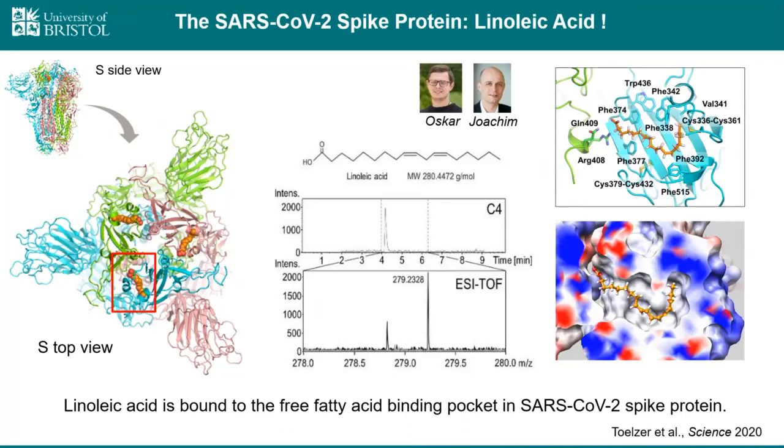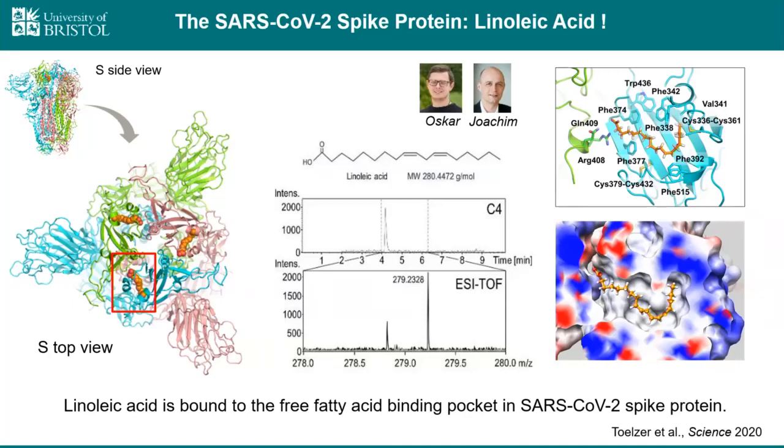So there are many reasons why LA is a really bad choice. And I think what we found here is a structural link between linoleic acid, the pathology, and the virus itself. And of course, it suggests that one could exploit this linoleic acid binding pocket, and also the signaling axis, in order to have an intervention point against SARS-CoV-2.